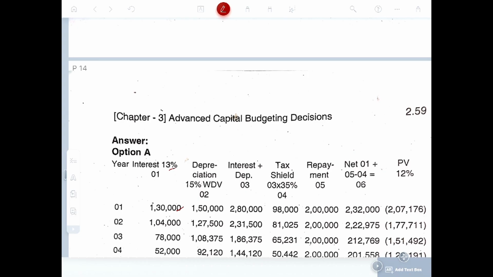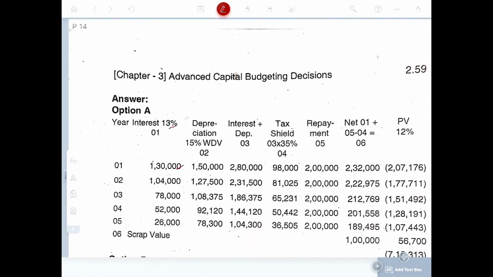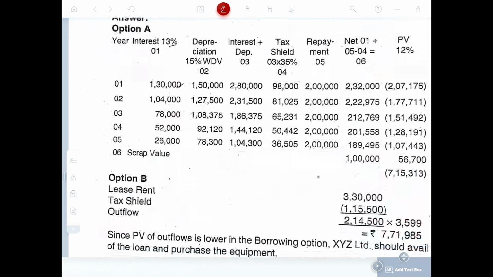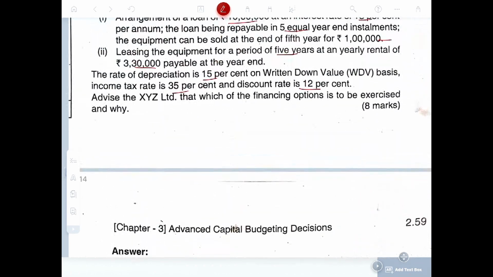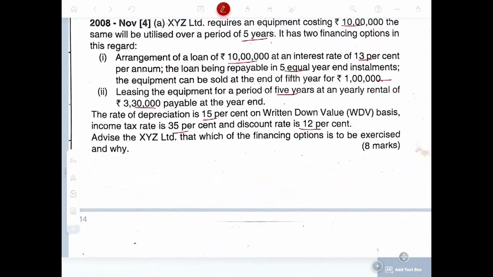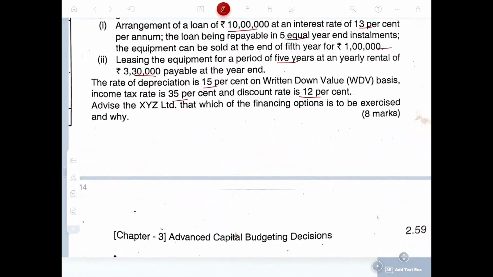13 percentage, the interest calculation is wrong. Non payable in 5 equal year installments, okay.